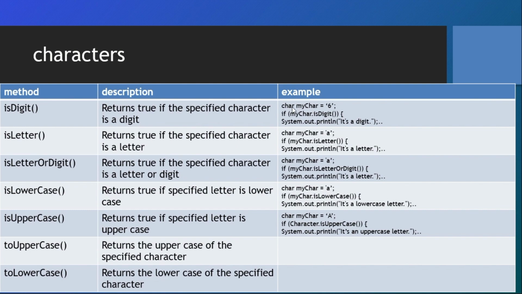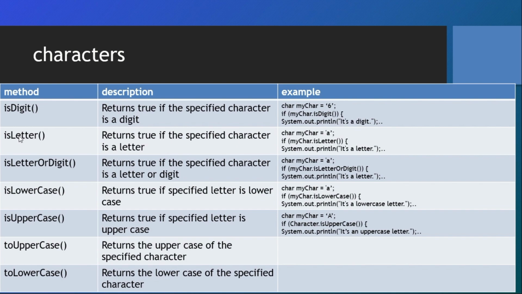So we can declare char myChar, which is equal to '6'. Remember that we enclose these in single quotation marks, not double quotation marks. Then we put an if statement: if Character.isDigit(myChar), then System.out.println("is digit"). So it's going to return a digit that way.